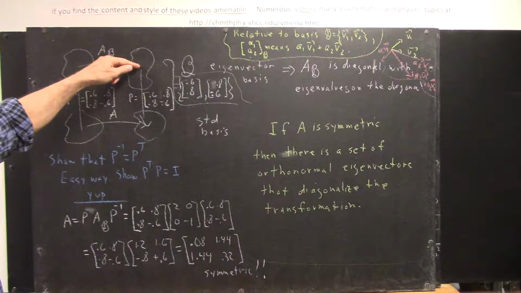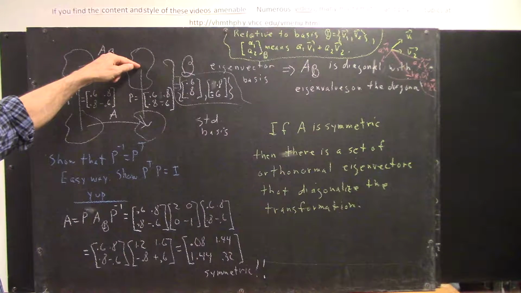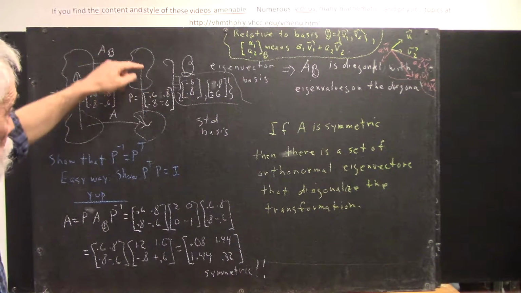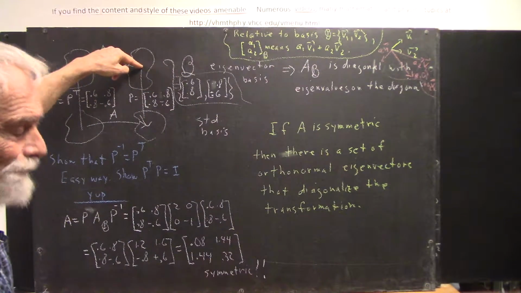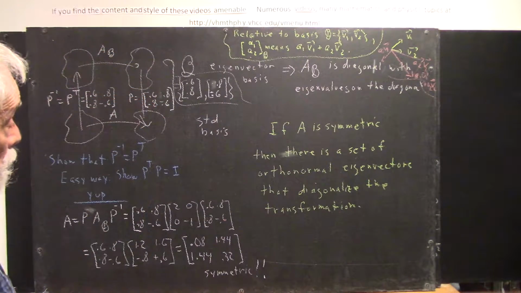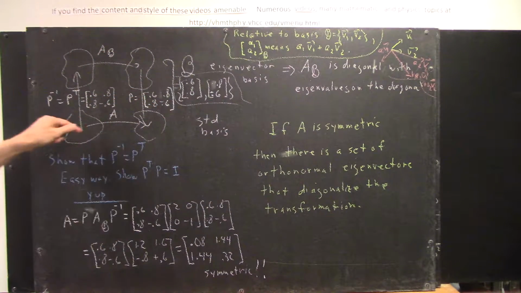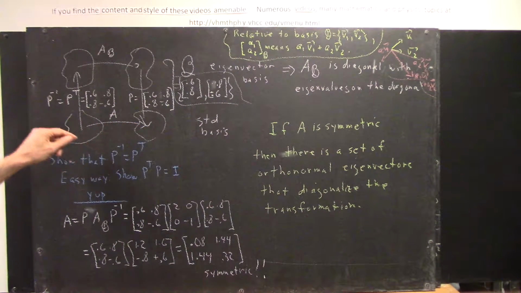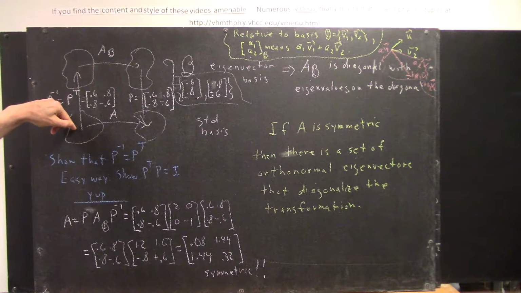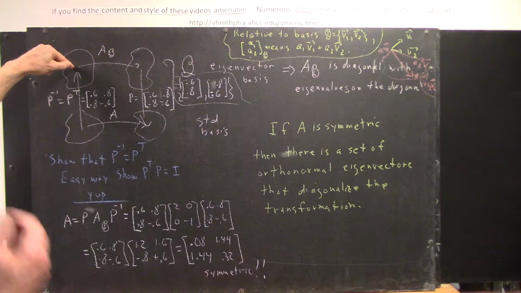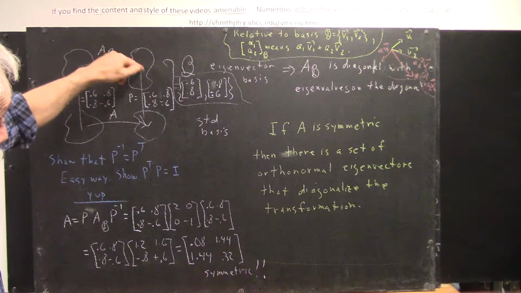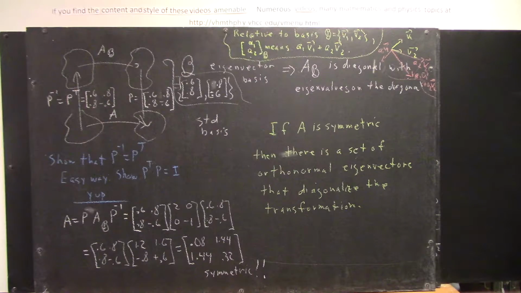So if you have a vector up here, it corresponds to the vector that you get when you multiply the components of this vector by this matrix. Okay, now, if we got like 3, 6 over here and we want to know where it goes over here, then we can take the inverse of the P matrix and map that 3, 6 vector up to whatever it maps to up here. We can map it across here using our diagonal matrix, and then we can bring it back down here with our P matrix.